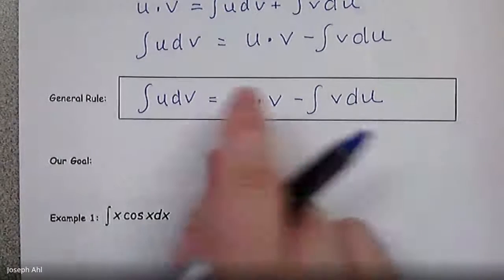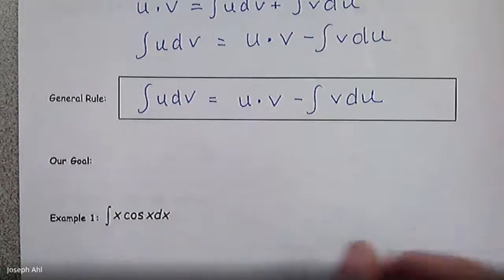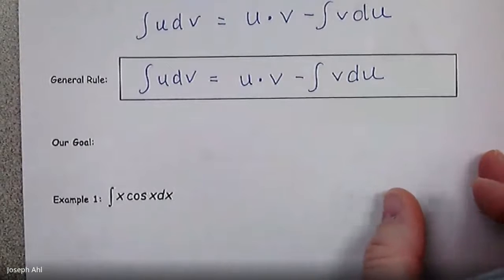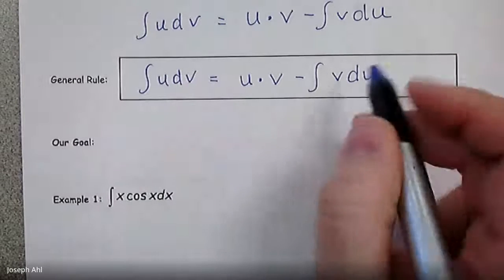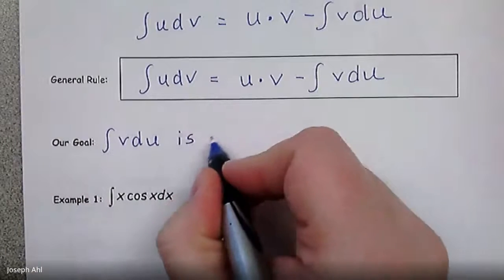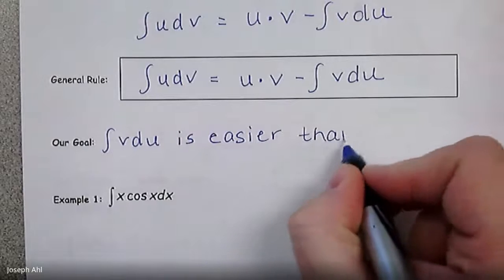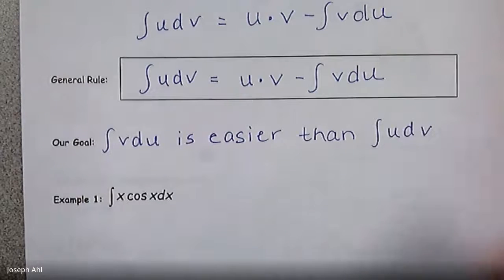Our goal, when we decide what u and our dv are within the product inside of the integral, is to make sure that what's on the other side, that v du, is easier to figure out than u dv.